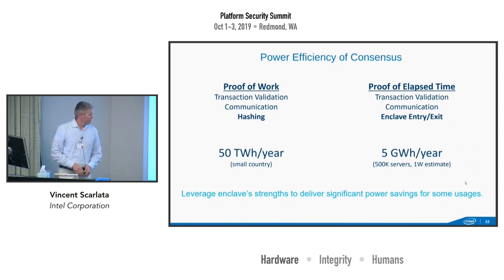And by doing this, you can imagine the power consumption of this is astronomically smaller. Even in the most conservative of estimates, say it took a whole watt to do that, pick a random number and wait. At 500,000 servers, you're talking about 5 gigawatts of power per year, compared to numbers last year for Bitcoin that were commenting that it consumes a small country worth of power at 50 terawatts.